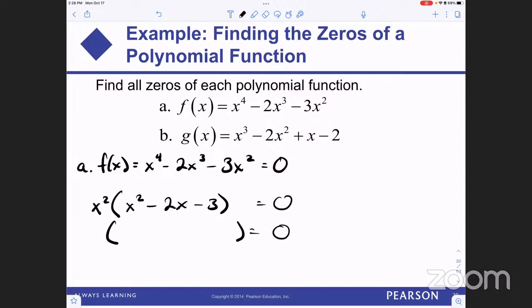Then we want to factor this further. Because the second one is a negative, I know my signs are opposite. So I know I have a plus and a minus. Looking for 2 numbers that multiply to give me -3 and add to give me -2. So it's going to be -3 and 1.